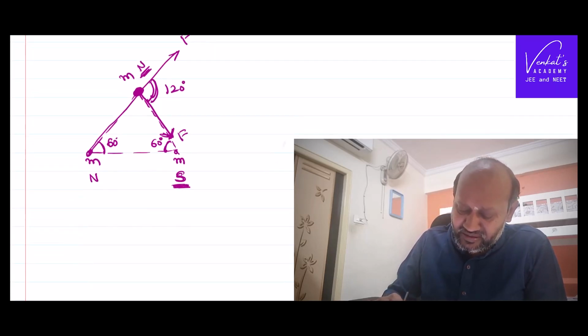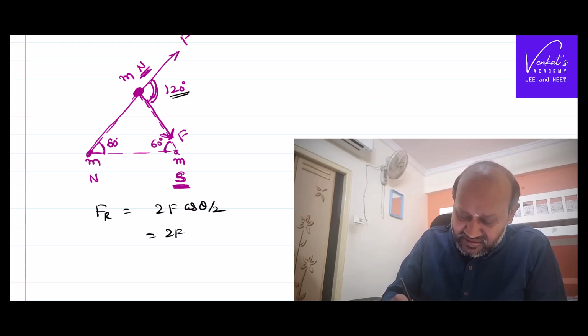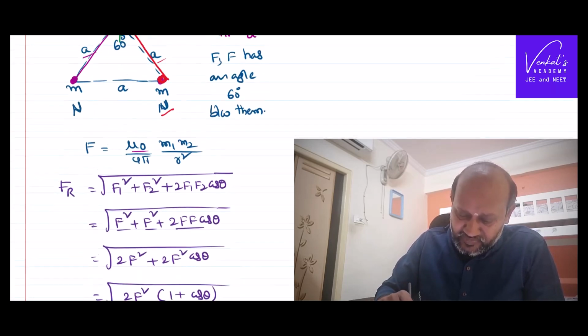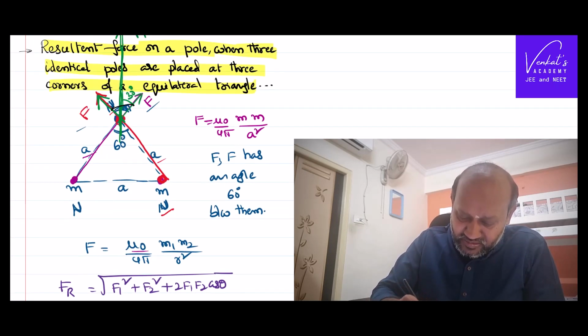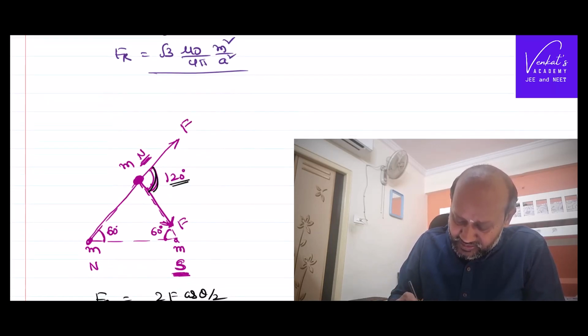Now the same formula, two forces with an angle. F resultant as I have derived is 2F cos theta by 2. But this theta is not 60 here. Earlier it was 60. Look at this diagram. Here the total angle was 60. But here the angle is 120 degrees.